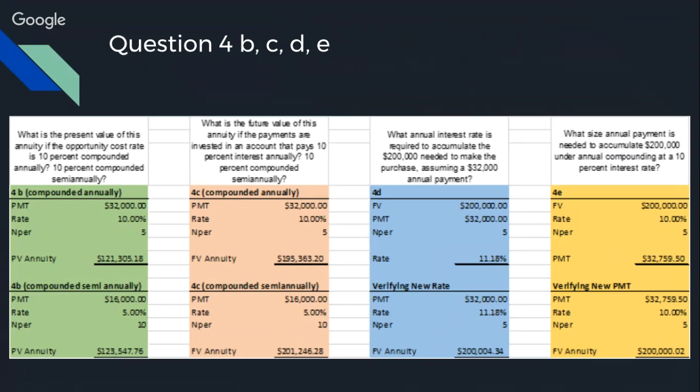For D, what annual interest rate is required to accumulate the $200,000 needed to make the purchase, assuming a $32,000 annual payment? I'm just kind of combining 4A and question 3. And then the last one, 4E, is what size annual payment is needed to accumulate $200,000 under annual compounding at a 10% interest rate. As you can see, we've done all the calculations, and we'll have plenty of discussion on the discussion board to see what you guys have come up with, and see if there's anything we can learn from each other.